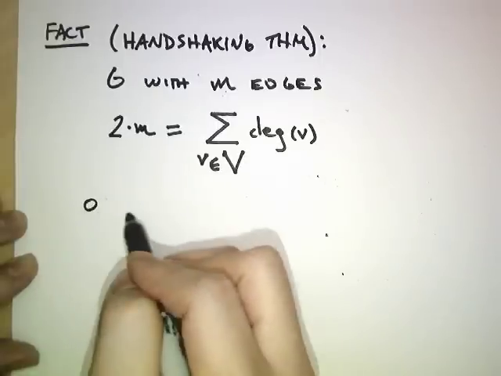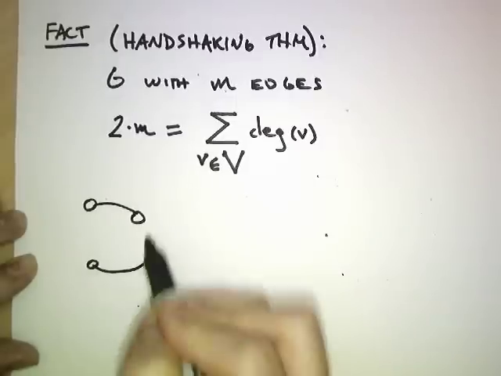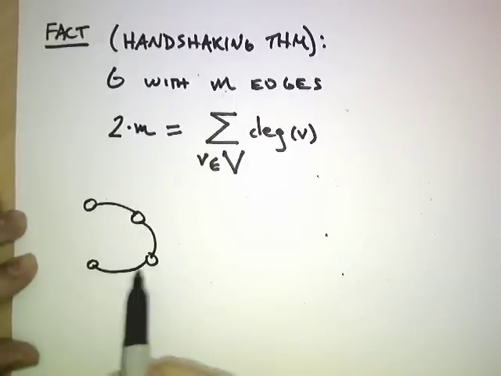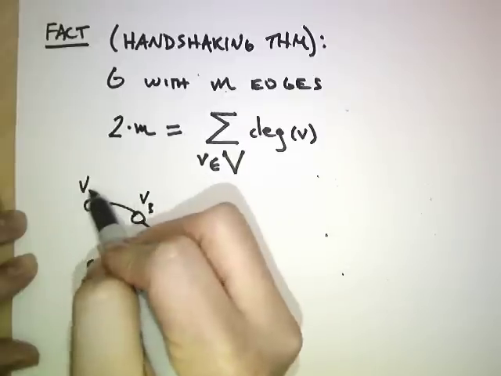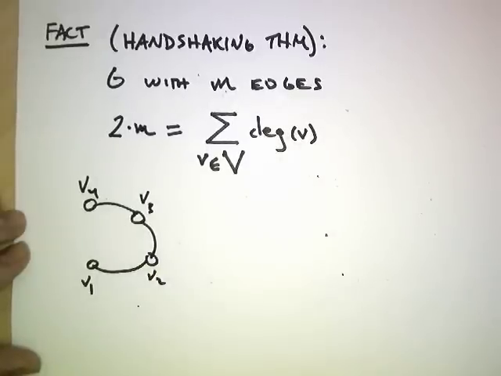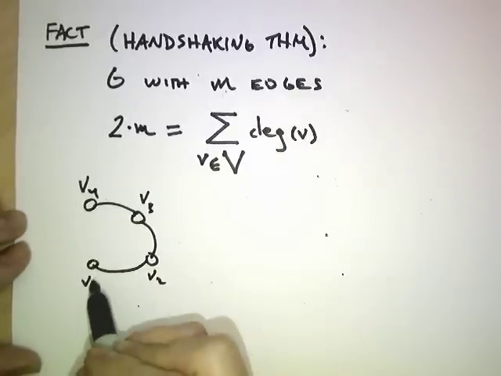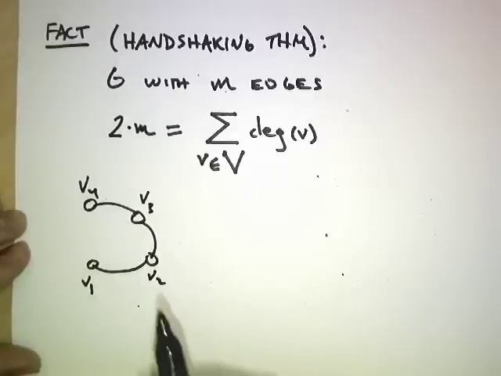So for example, here's a graph. It has vertices V1, V2, V3, and V4. You can see it has 3 edges. Now, let's take the sum over all the degrees of all the vertices in the graph.